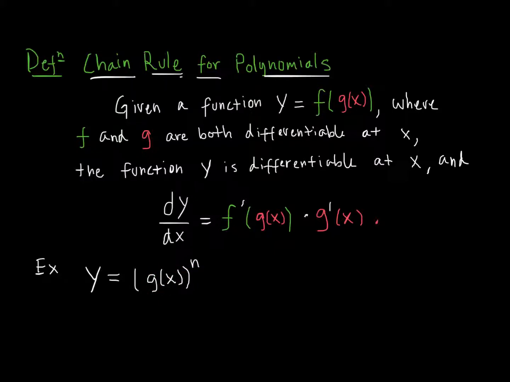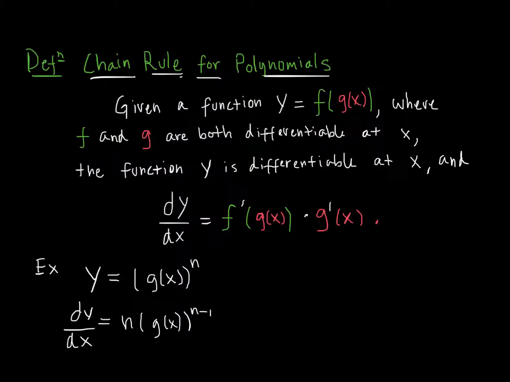And the inside function is just whatever g of x happens to be. And so dy/dx, you're going to take the derivative of the outside function, which is raising to the nth power, and you can do that, multiply by n, and decrease the exponent by 1.